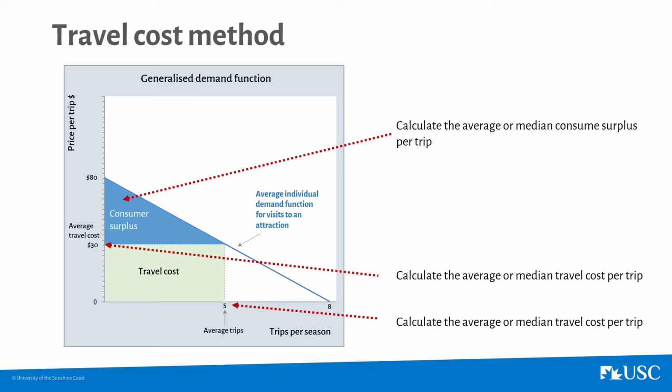So for example, if we come up with an average consumer surplus for going to Malulaba Beach of $17, and we know that 500,000 people go to that beach each year, then we can multiply the 17 by the 500,000 and come up with a total value for recreation at Malulaba Beach.